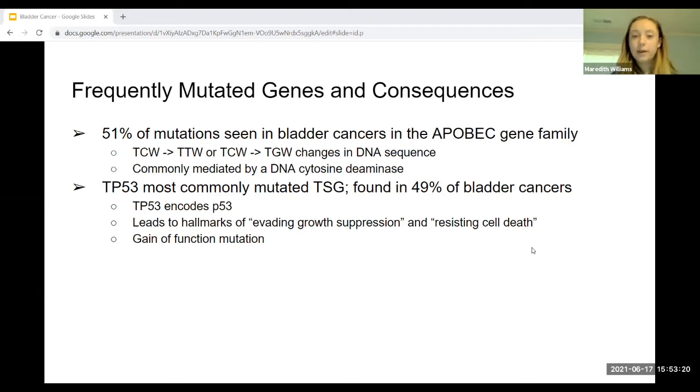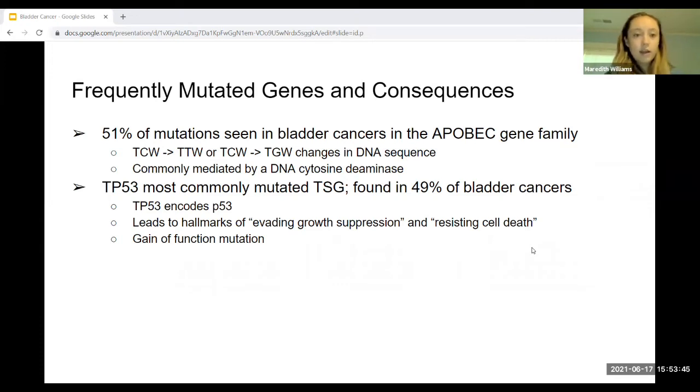The APOBEC gene family is also one of the most associated mutations that leads to cancer, and that can be seen across the board. In this study where this information was found, it was mentioned that APOBEC3B was expressed in high levels in all of the bladder cancers that were examined.